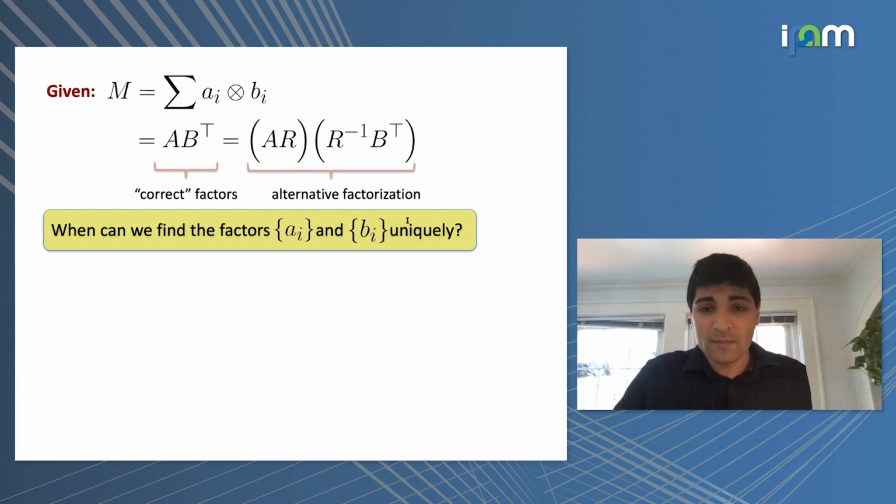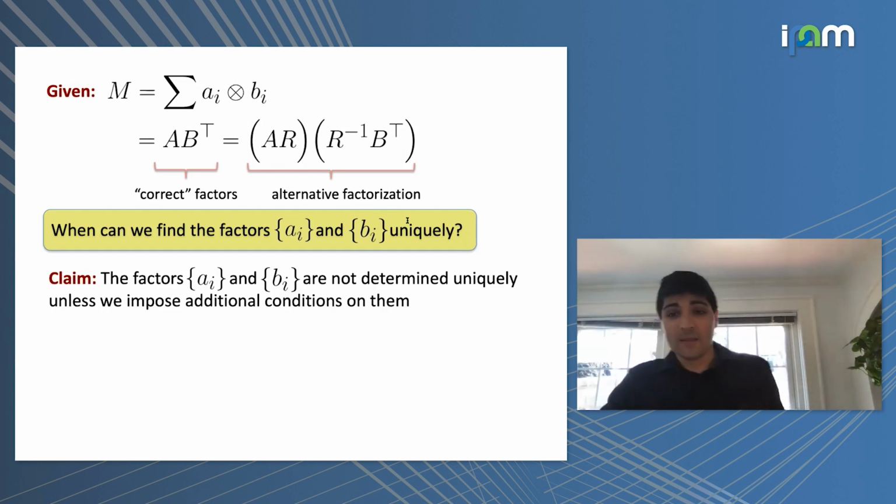The big problem is what's called the rotation problem in factor analysis, which is even if there were a correct factorization of M into A times B transpose, I can take any invertible matrix R, and I can put R and R inverse in there, and I can group together A times R to create a new matrix, and I can group together R inverse times B transpose to get a new matrix as well. And this would be another perfectly good factorization that has the same inner dimension, but it might obfuscate the things that we're looking for, this representation in terms of these 2 hidden modes of intelligence.